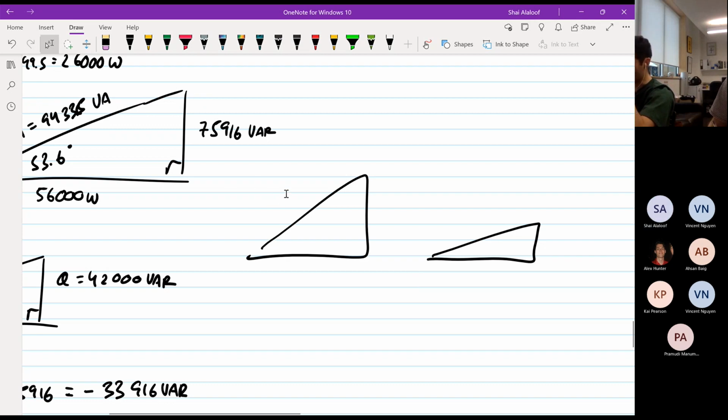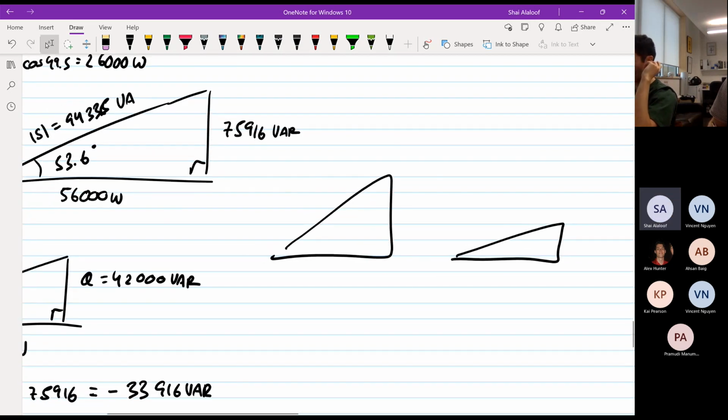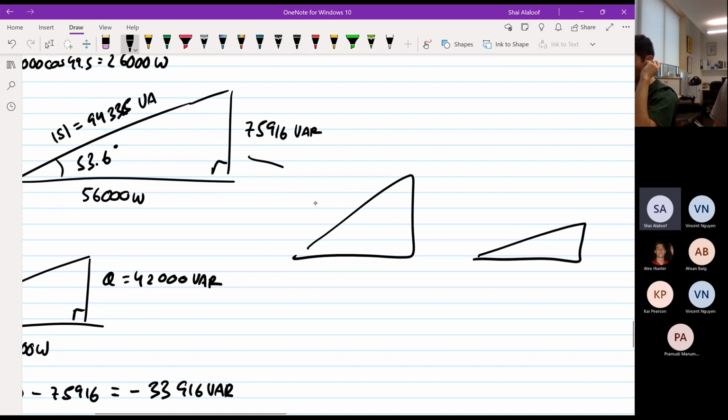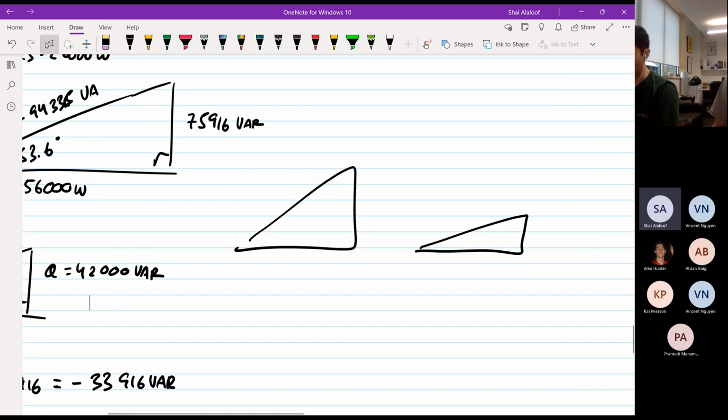Because we went from 75 kilovolt amps reactive to 42,000, we went down, so that's a capacitor. If we were going up, then we would use an inductor. That's the only difference. The process would be exactly the same, except instead of the reactance of a capacitor, you'd use omega L, the reactance of an inductor.